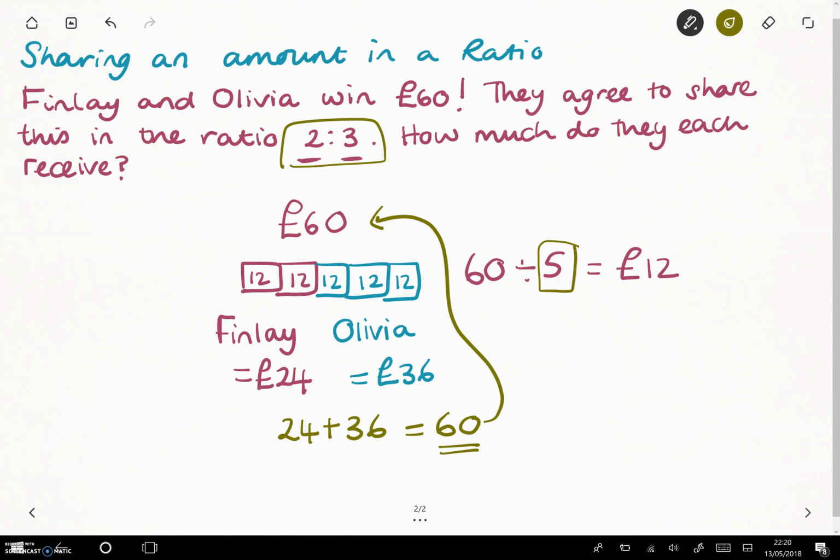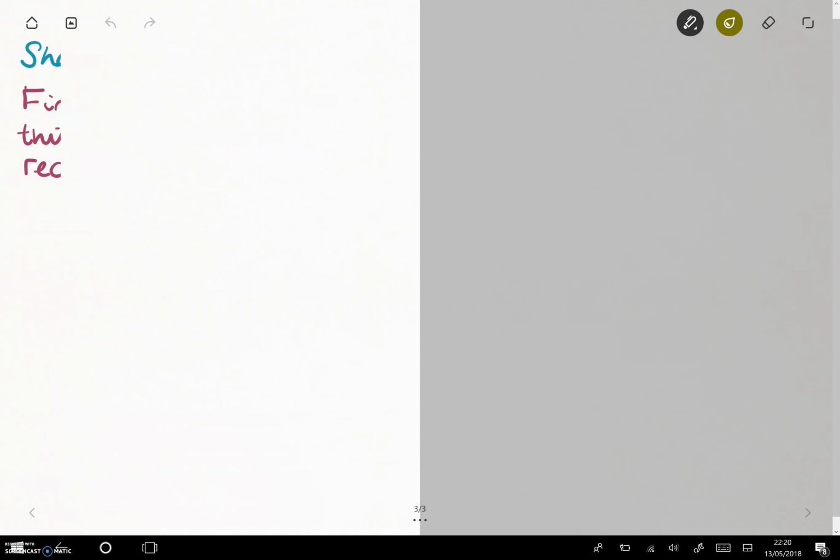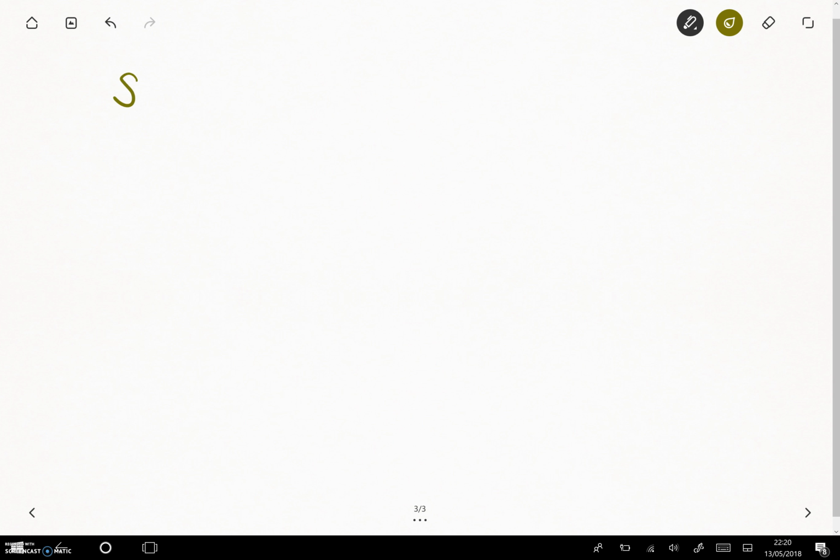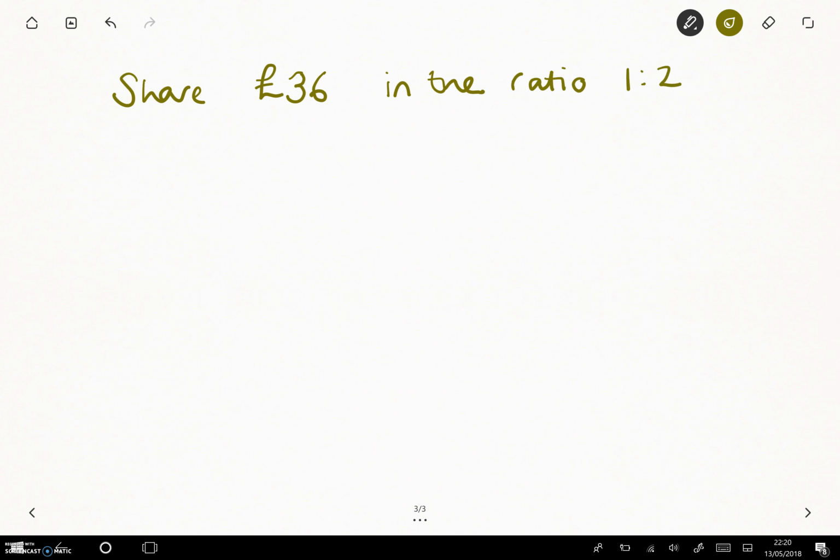Okay, let's do another one together. If I wanted to share £36 in the ratio 1 to 2. Okay.